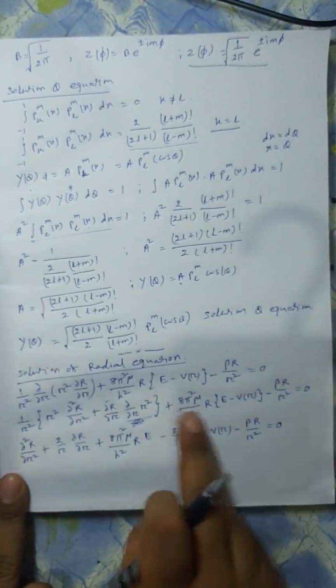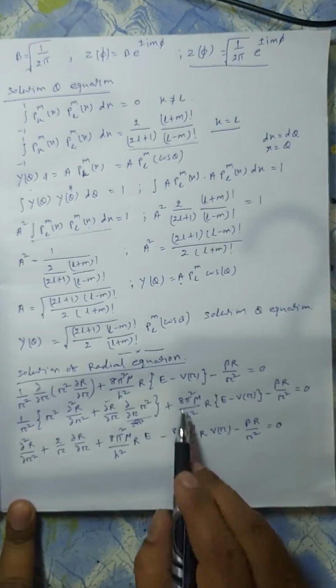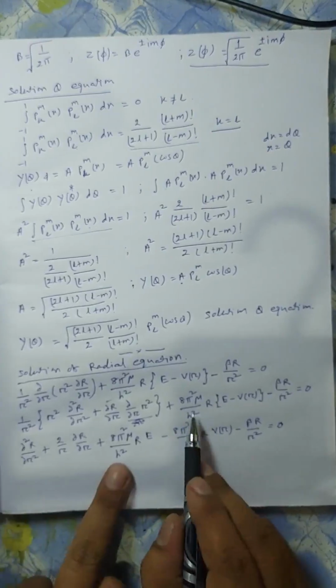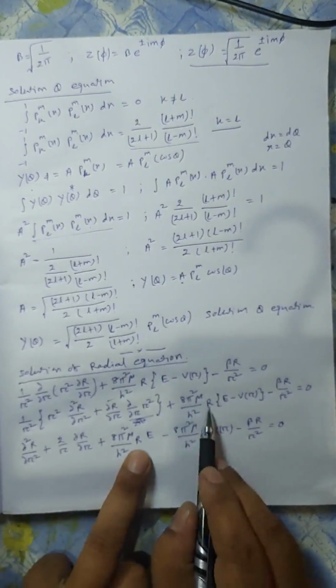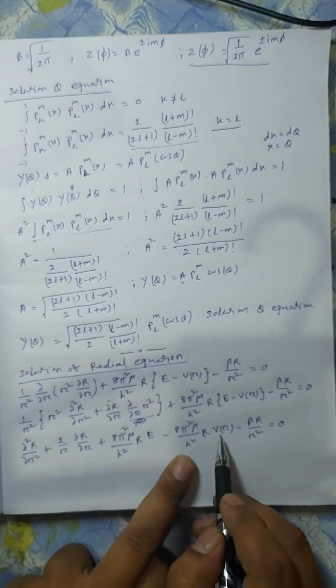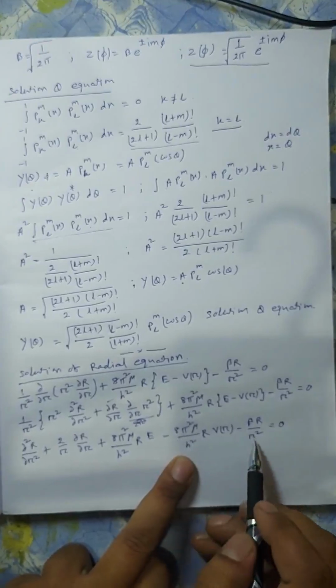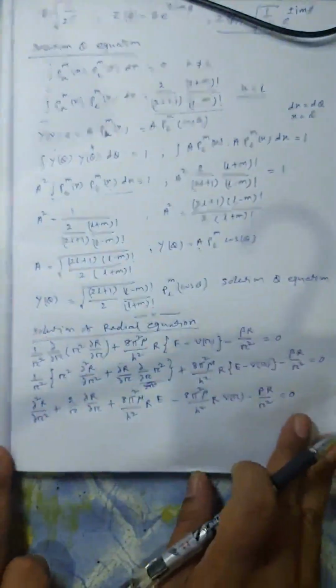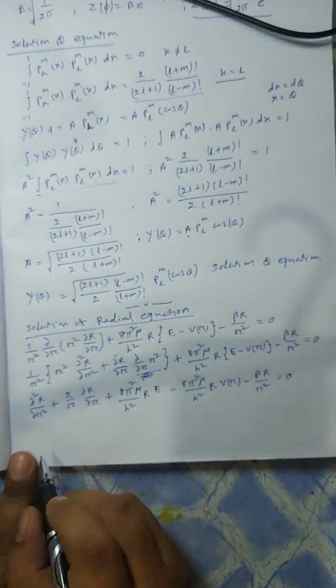That means 8 pi square mu by h square r e minus 8 pi square mu by h square r V(r) minus beta r by r square.